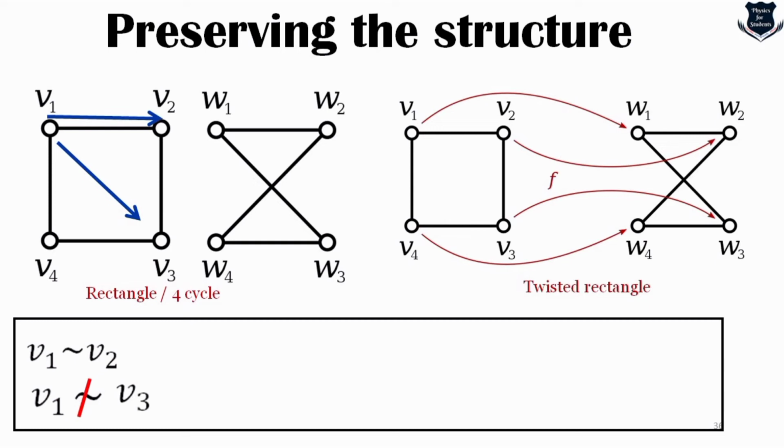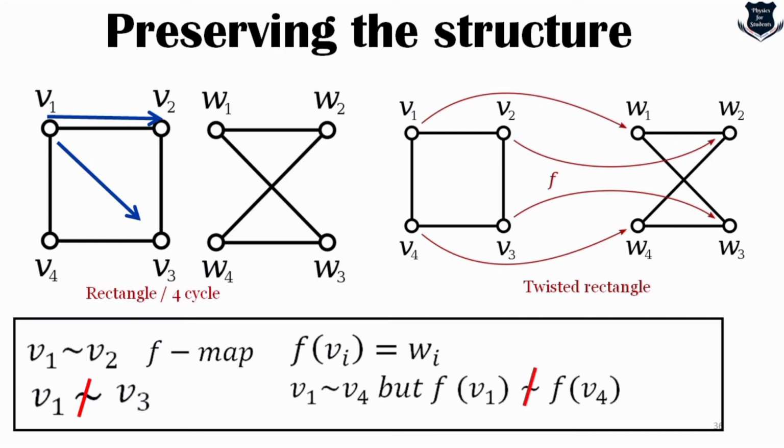For example, we take F as a map and say F of Vi is equal to Wi. This specific transformation is not structure preserving in the following sense. V1 is similar to V4, but the map of V1 is not similar to the map of V4.